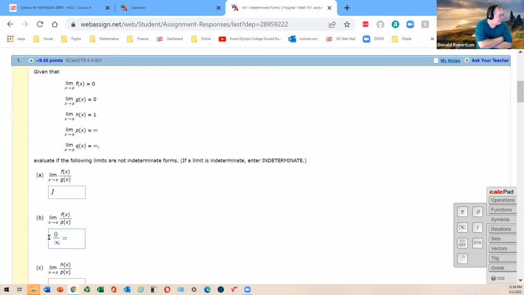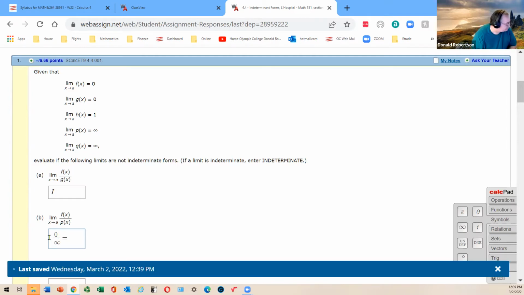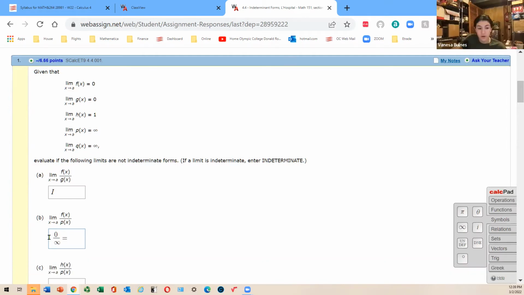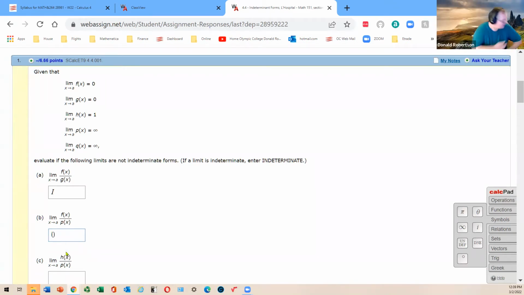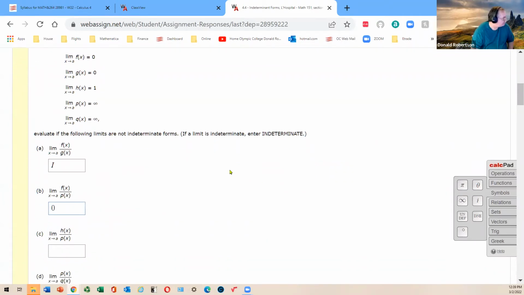What number is 0 over infinity? Zero. So now I know what you write down. When it's indeterminate, you write indeterminate. And all the other times, you write 0.